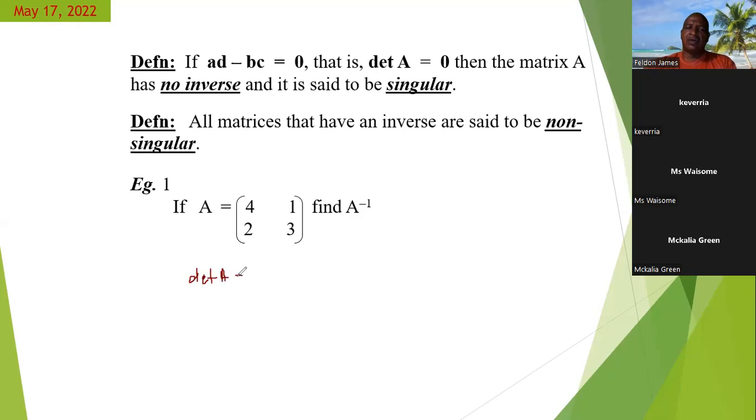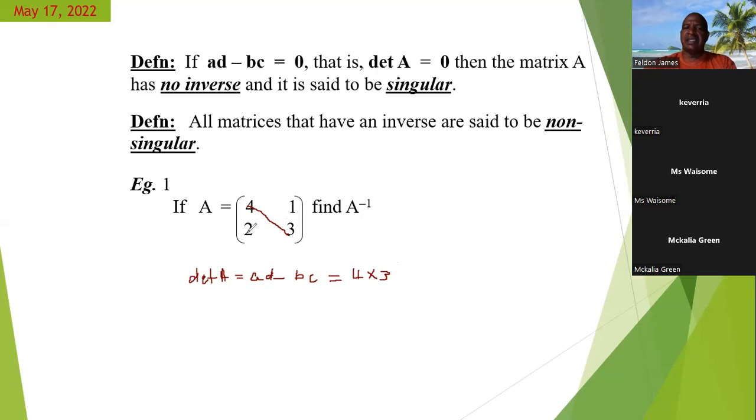And to work that out, you would multiply AD minus BC. All right, now what it means then, these two diagonal would give you AD. So you'd multiply 4 times 3.